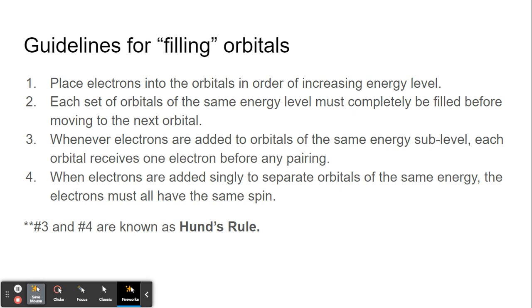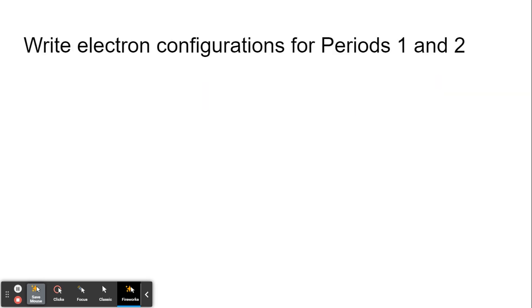When you add electrons to the orbitals of the same energy sublevel, each orbital receives one electron before they get paired. This is super important to remember. And when electrons are added singly to separate orbitals of the same energy level, they all must have the same spin. Put together, number 3 and 4 are known as Hund's rule. So let me show you exactly what I mean.